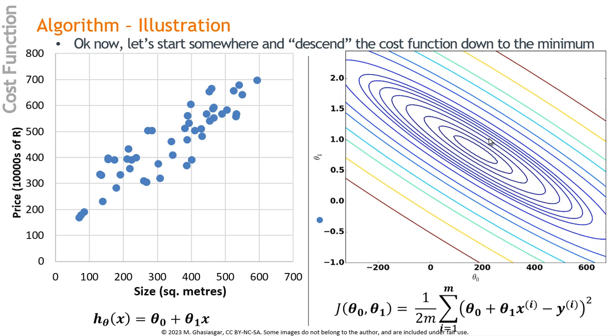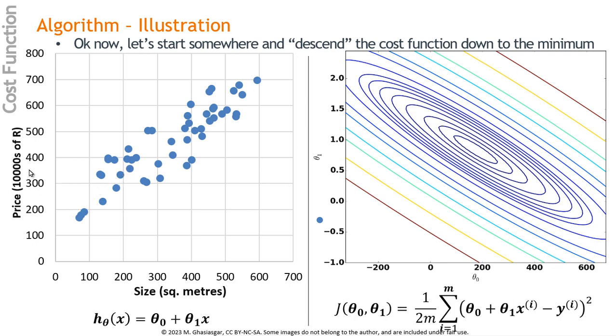First of all, let me explain why this picture here looks so different from this picture here. These two pictures are showing completely different things. This is showing our housing data, size versus price, and these are showing the two parameters of the fit for this data here.